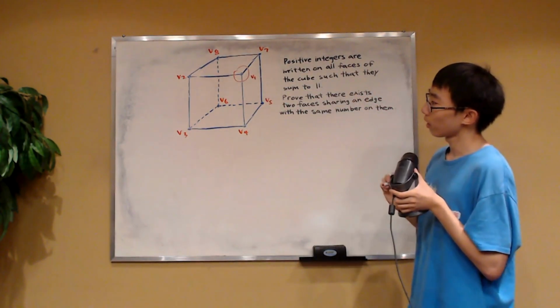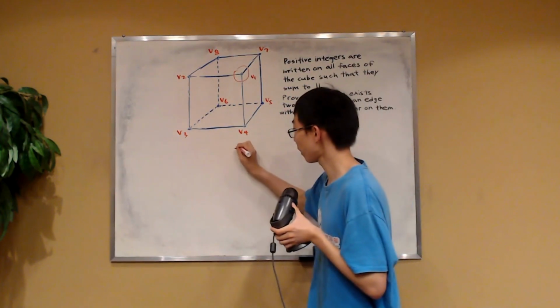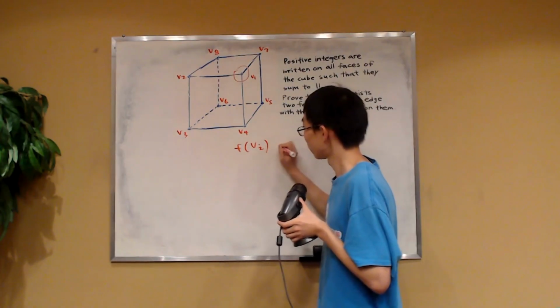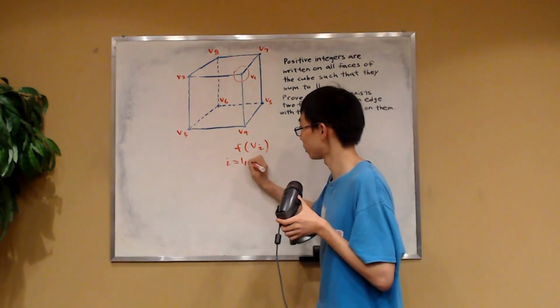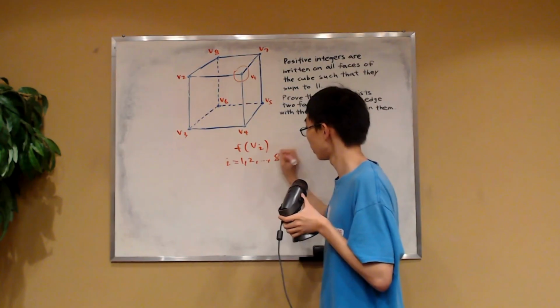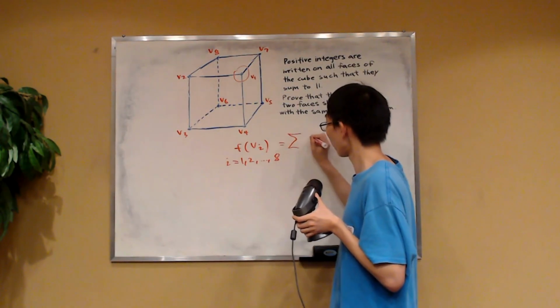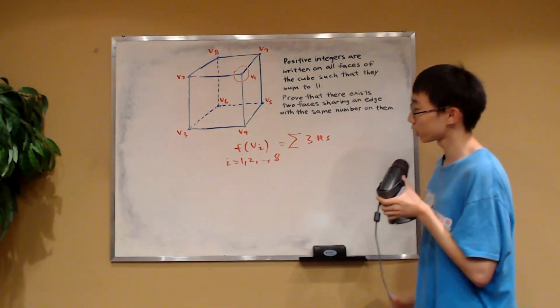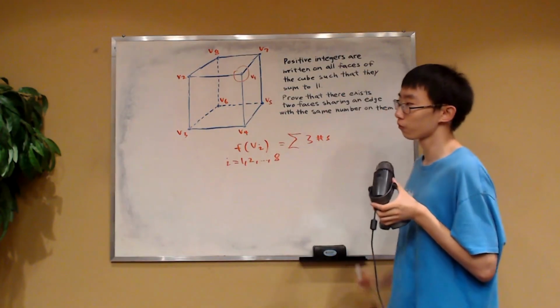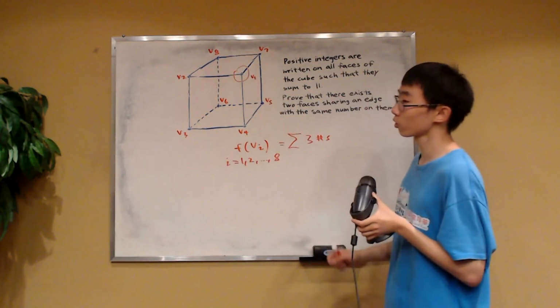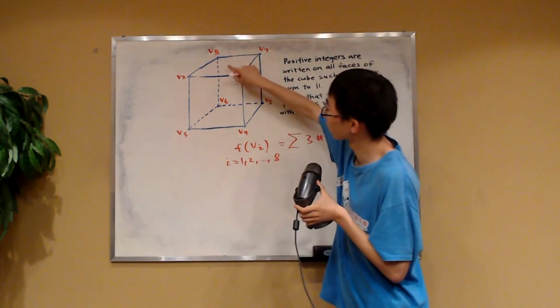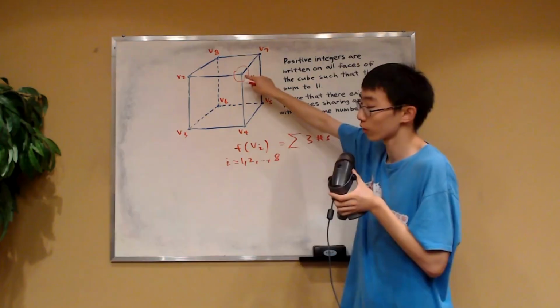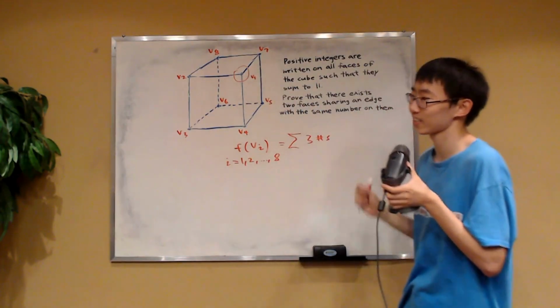Now, I'm going to define f of Vi, for i equals 1, 2, all the way to 8, to be the sum of the 3 numbers written on the 3 faces which share Vi as a vertex. So for instance, f of V1 is going to be the sum of the 3 numbers on the 3 faces which share V1 as a vertex.